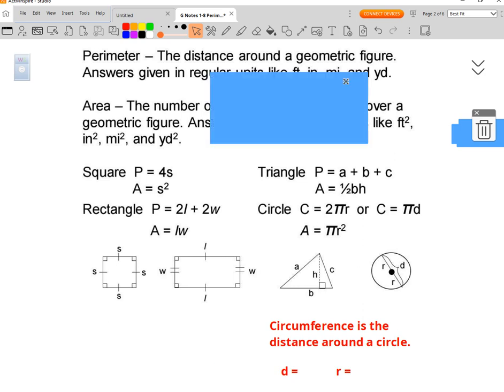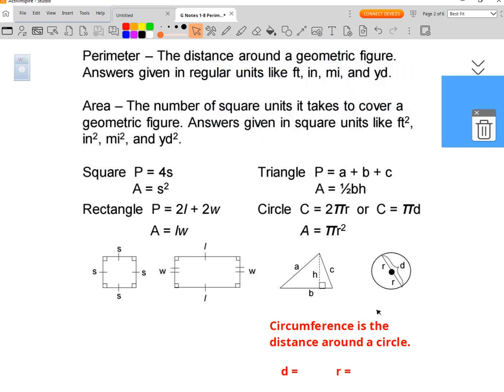All right. So here we're going to say that the circumference is the distance around the circle. Gosh, my board just will not work. And the diameter is 2 times the radius. And the radius is 1/2 of the diameter.